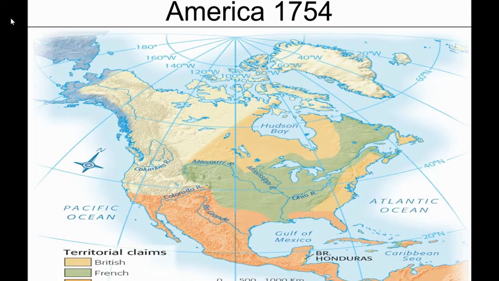Okay, so we'll talk about impacts, but here's what a map is going to look like before and after. So 1754 is the beginning of the French and Indian War. You notice a lot of green on there.